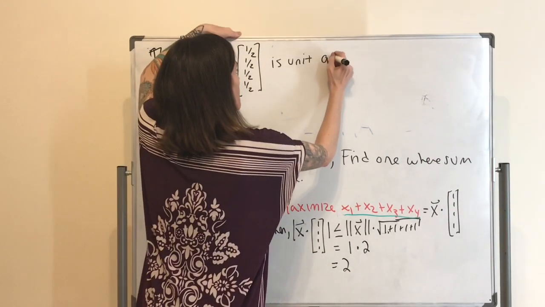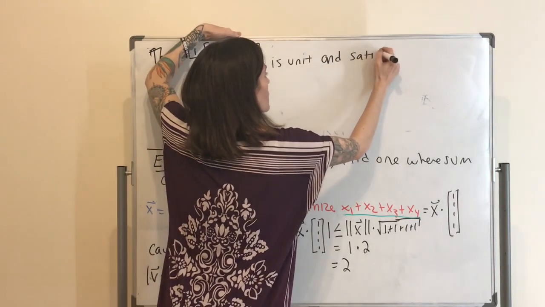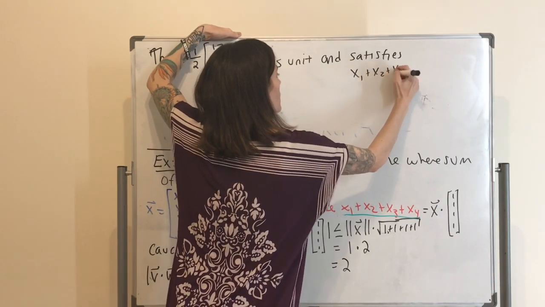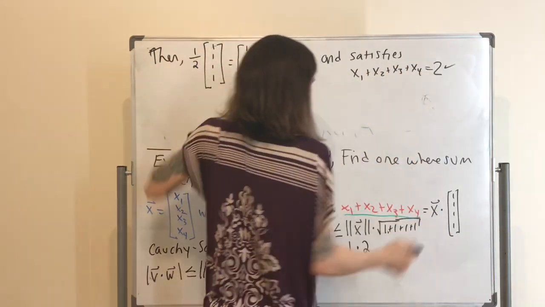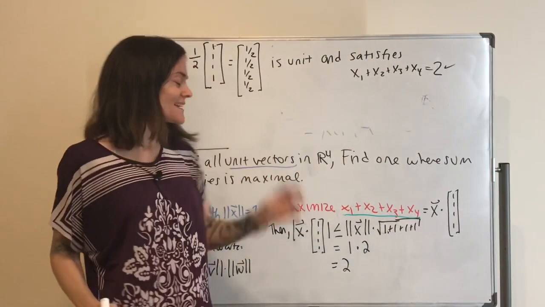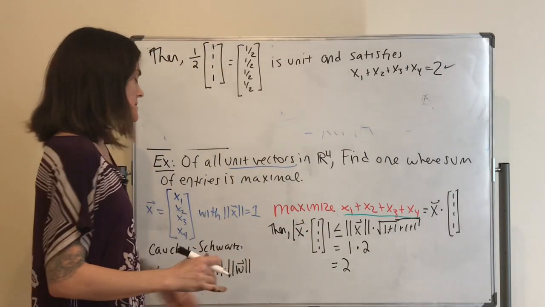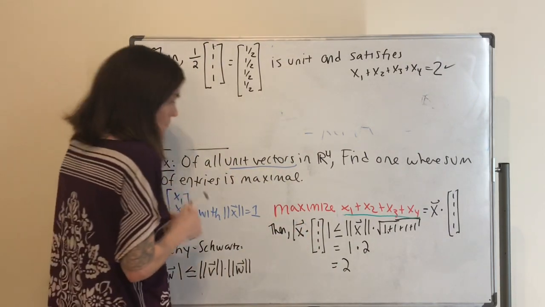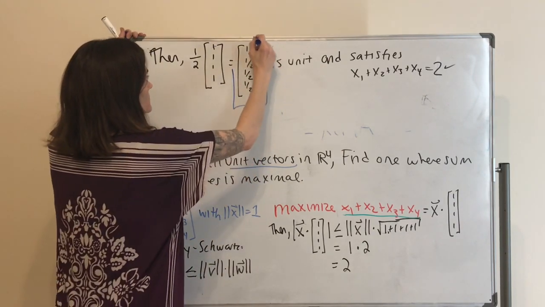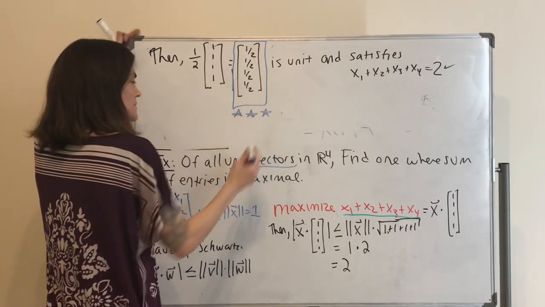And it satisfies the maximum: if you add up all the entries, you get 2, which is the biggest this can possibly be by Cauchy-Schwarz. So this would be the answer to the question.